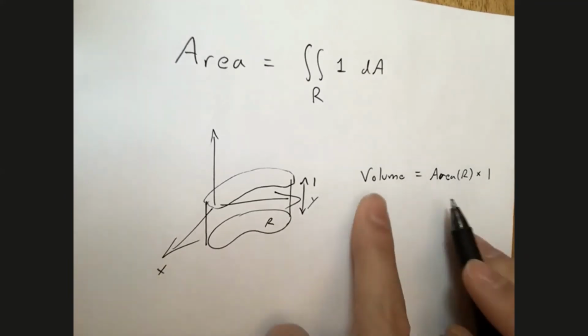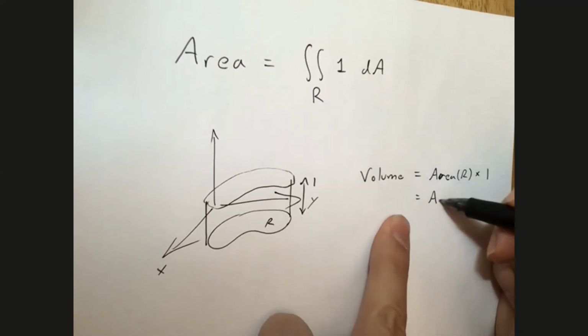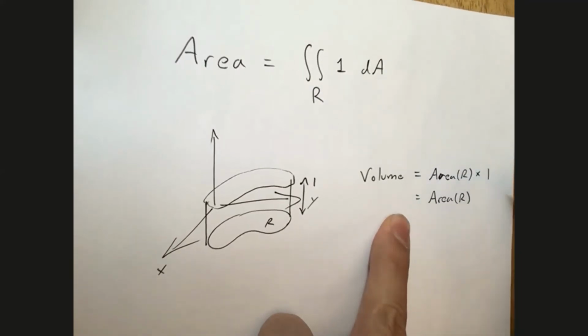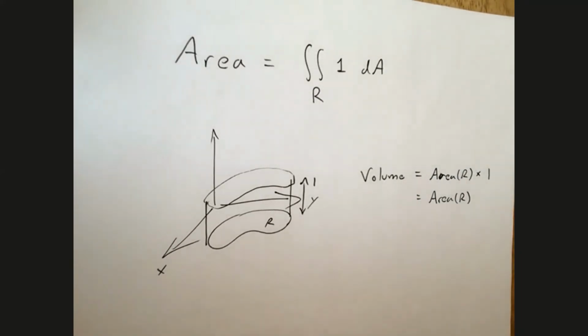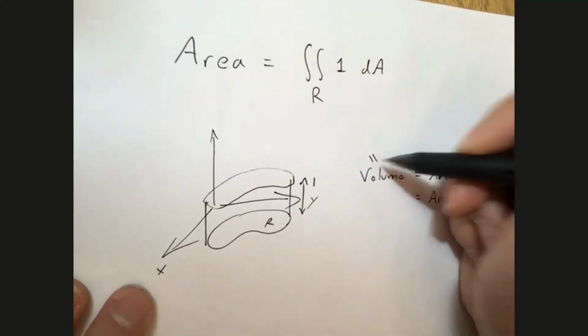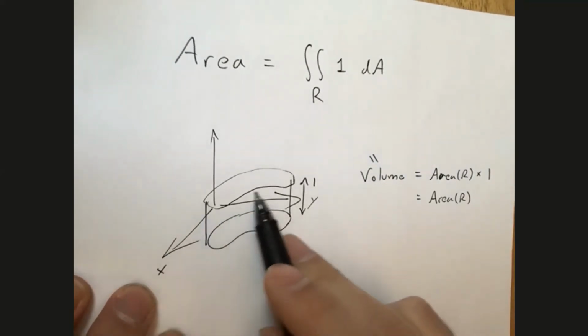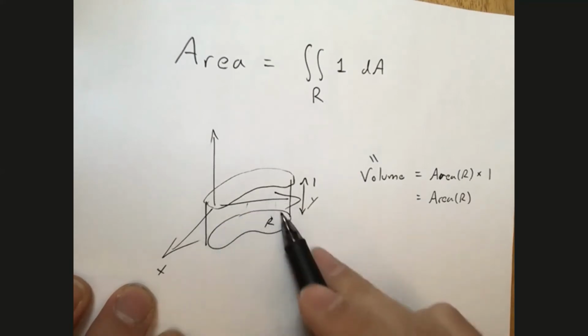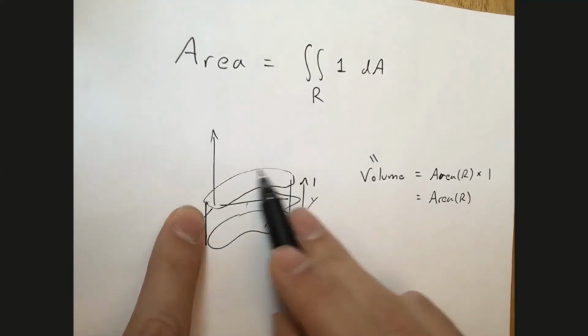Which means the volume is the same as the area when the height is 1. Okay? And we said that to find the volume under a graph, you just integrate the function. Right? So on the other hand, the volume is the integral of the function, but the function is just constantly equal to 1.